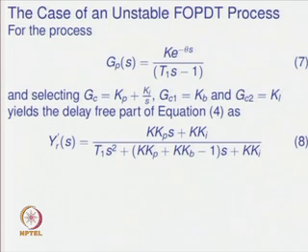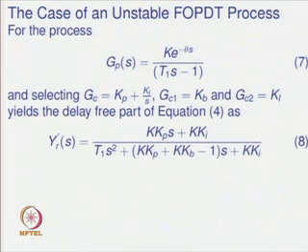Let us select the form of the controller Gc as a PI controller having Gc equal to Kp plus Ki upon s. Now, Gc1, the stabilizing controller, is a proportional controller given by Gc1 equal to Kb, and Gc2 is equal to Kl. Please keep in mind this is not Ki, that is Gc2 is equal to Kl.